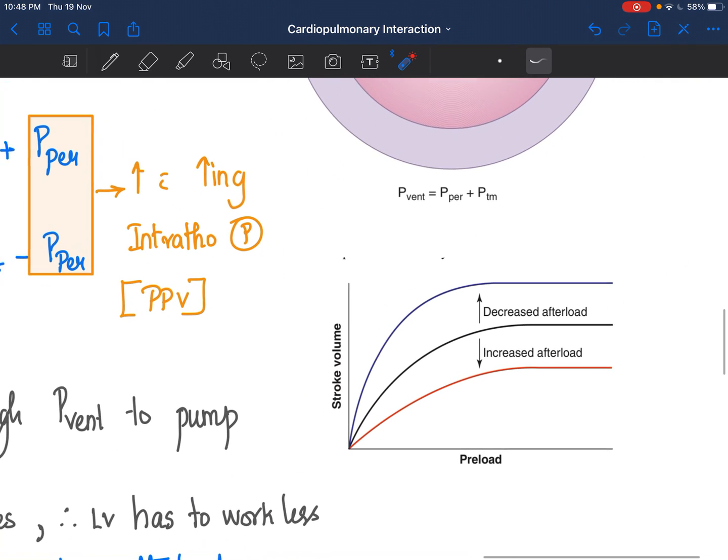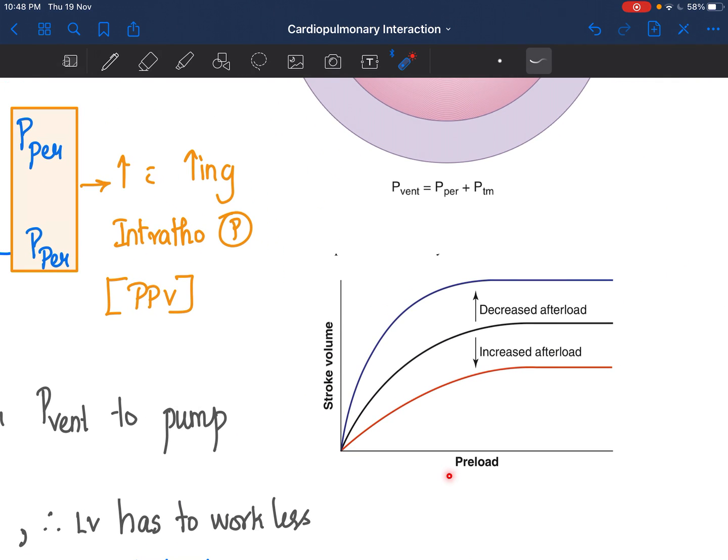If you look at this graph, with preload and stroke volume on the x and y axes respectively, for increasing preload you have increasing stroke volume, correct? This is under conditions where everything else is okay, preload is not affected much and contractility is not affected much. If you have an increased afterload, then you have a decrease in stroke volume for the same amount of preload.